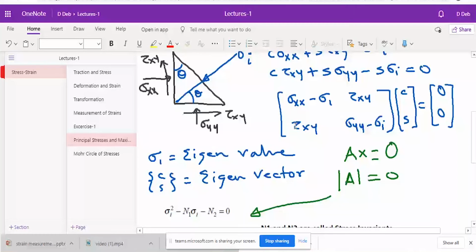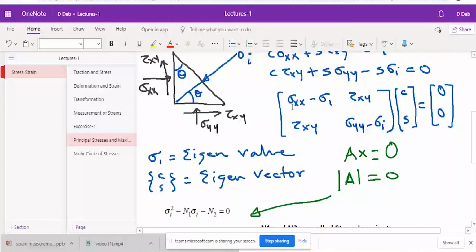And you multiply the first row. So this happens: minus 12.5 C plus 2.5 S is 0.